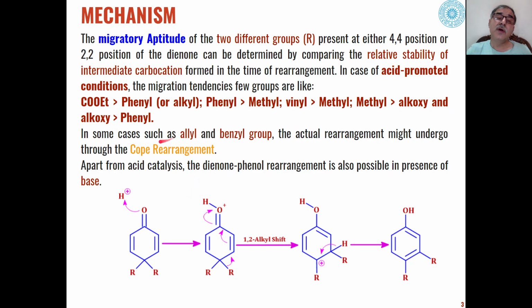So, in some cases, like allyl groups and benzyl group, the rearrangement instead of dienone phenol rearrangement follows the Cope rearrangement mechanism. And in addition to acids, even in some cases bases also prompt this dienone phenol rearrangement.